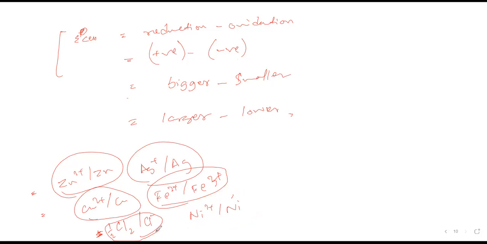The chlorine is not a metal, so we will obviously be using the glass beaker with a platinum electrode, and nickel is a metal, so we can use a simple nickel electrode. And the salt bridge remains the same; any one of the four would be used.